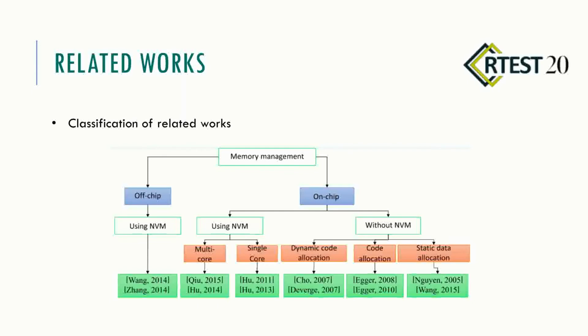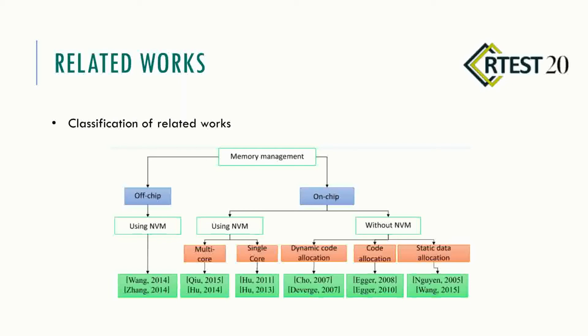Here we can see a classification of related works. We can classify related works into two major parts: some of them work on on-chip memory, and some of them work on off-chip memory.